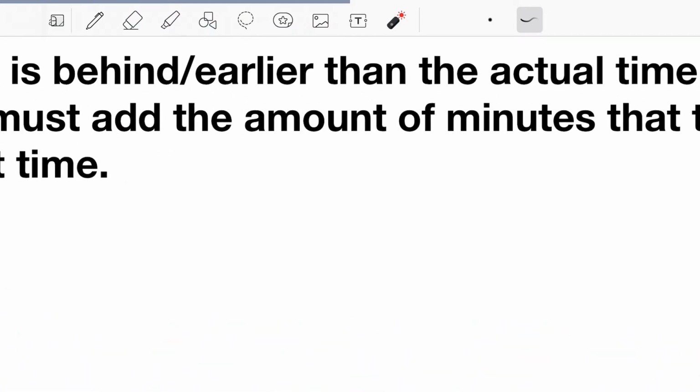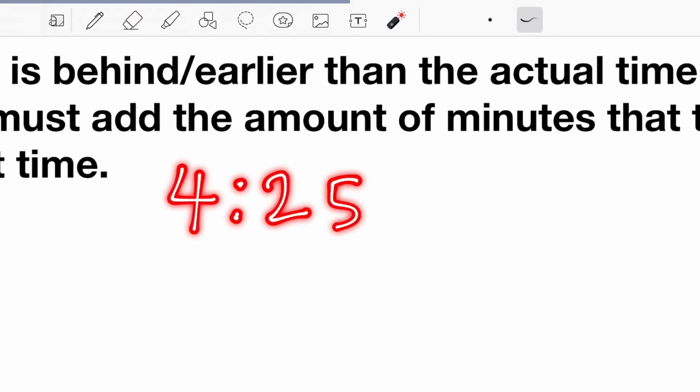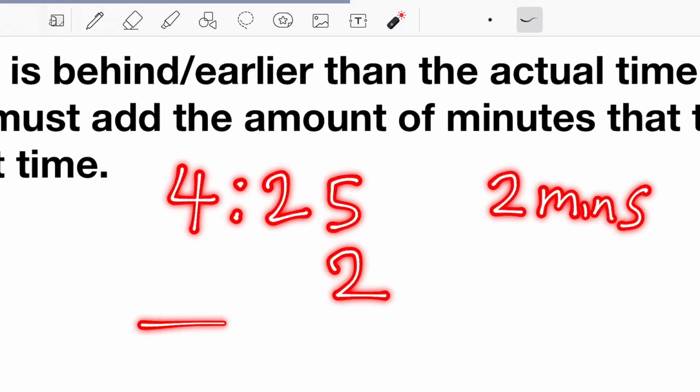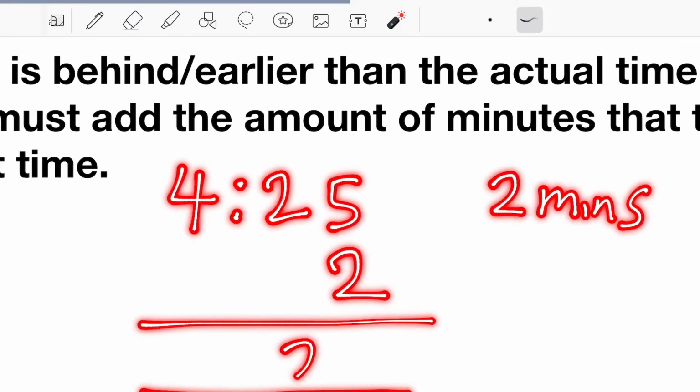Let's say we have a time 4:25 and the clock is 2 minutes slow. It means that we must add 2 minutes to get the correct time. 25 plus 2 is 27, so 4:27 is the correct time.